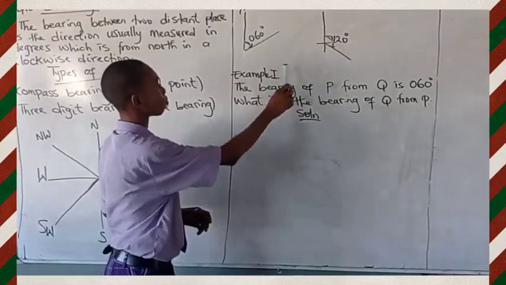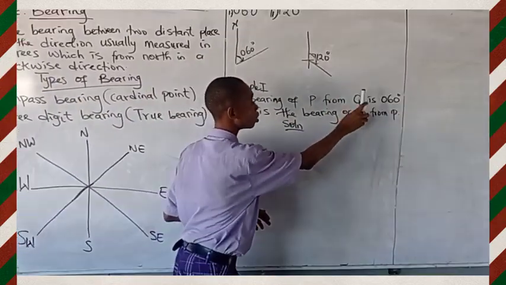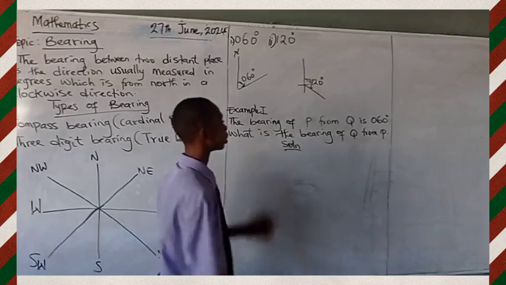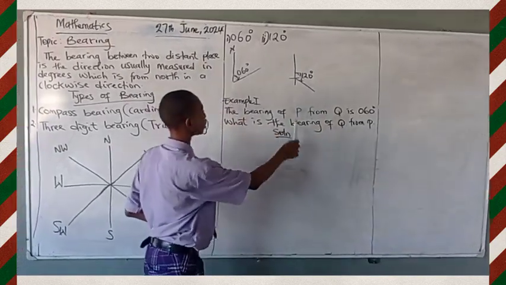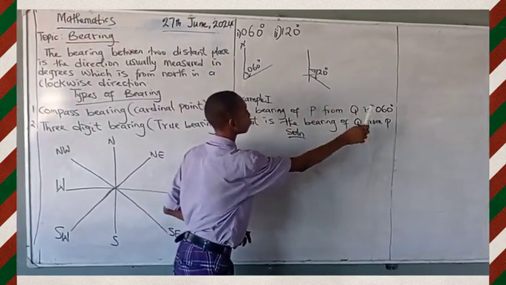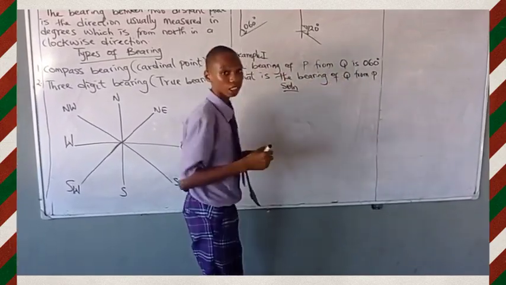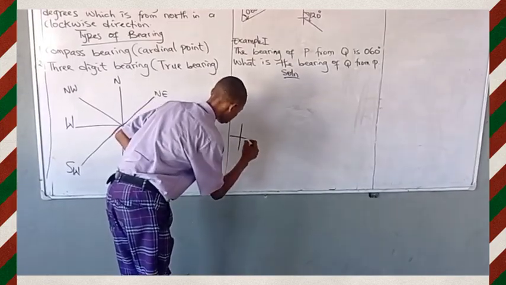We'll go to example 1. Example 1 says the bearing of Q from P is 060 degrees. This is an example of the three-digit bearing. What is the bearing of P from Q? The question here is from Q, so we are starting from Q. Draw the cardinal points.